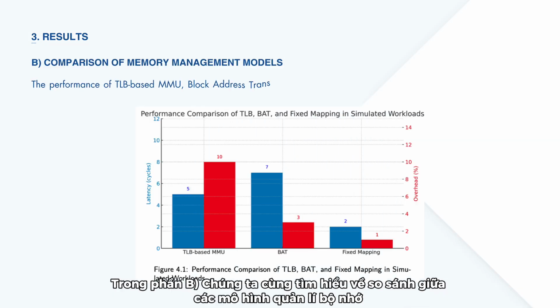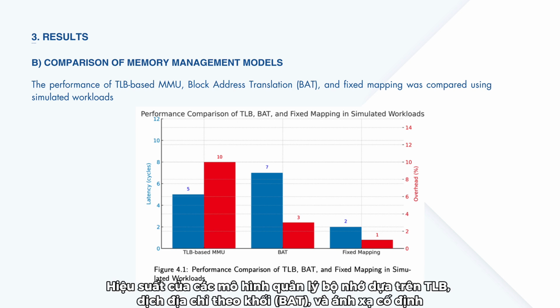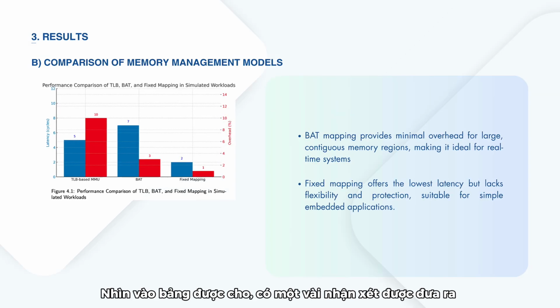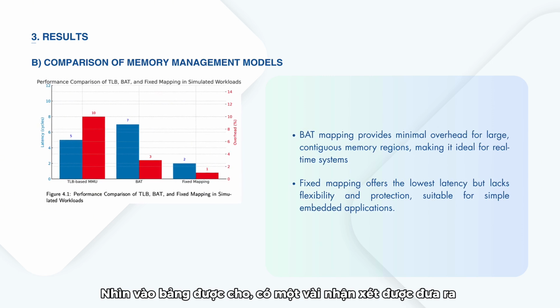In part B, we study the comparison of memory management models. The performance of TLB-based MMU, block address translation (BAT), and fixed mapping was compared using simulated workloads. So looking at this given figure, we can make some comments.